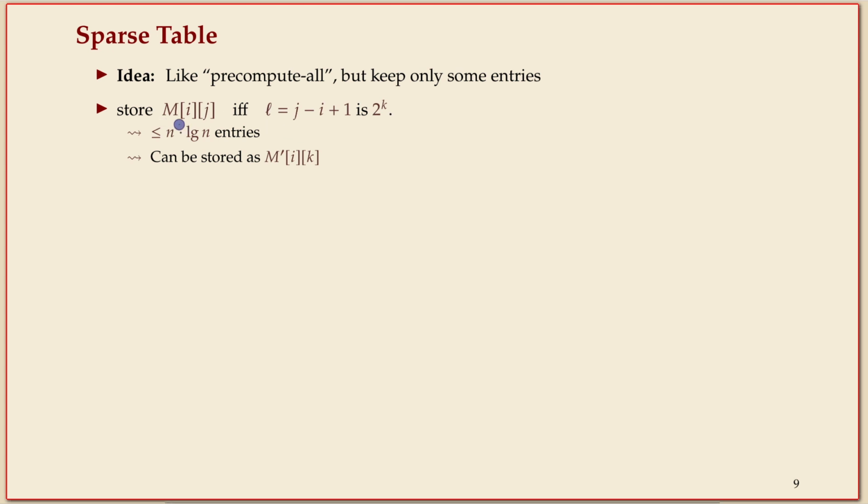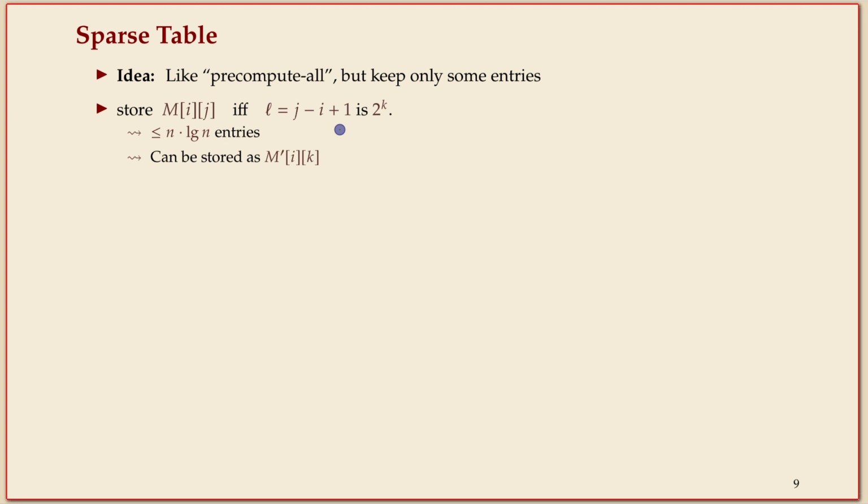We still have such a two-dimensional matrix, but the meaning of the entries will be a bit different. We only store an entry when the length of this range is a power of 2. Okay, like a shallow, superficial comment: always try powers of 2 first.